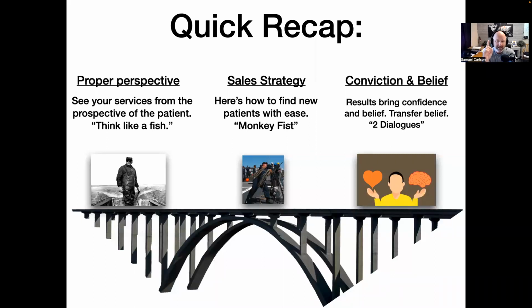No. The reason I like that story so much is because it demonstrates clearly, it's an objective case study of nothing changed with our advertising. The only thing that changed was installing conviction and belief into the follow-up process, and boom, like a light switch, it turned on.